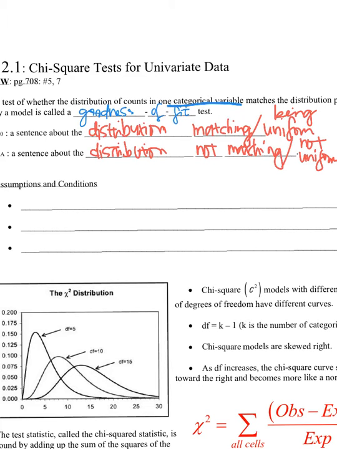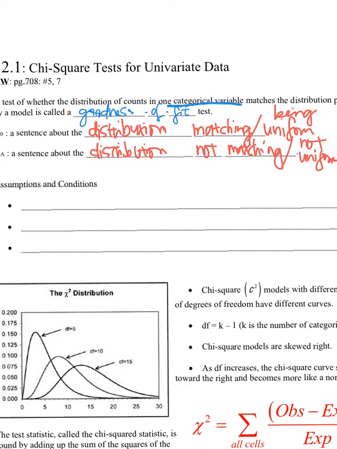So for example, let's say we're talking about the distribution of colors of Skittles. All right, and so we have all these different colors, and let's say we expect them to be uniform, that you would have the same number of red Skittles as you would green Skittles, yellow, and my favorite, purple.